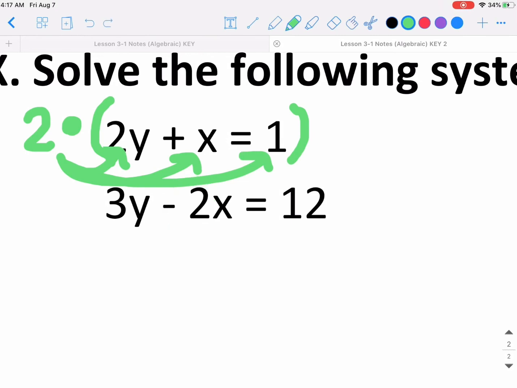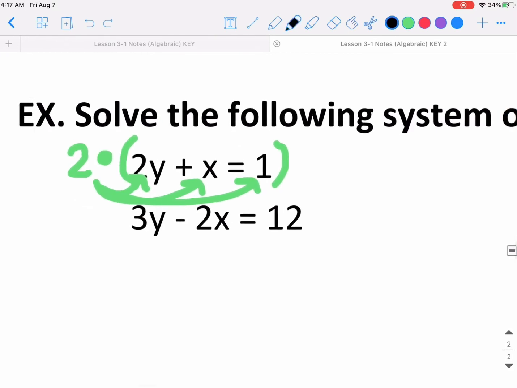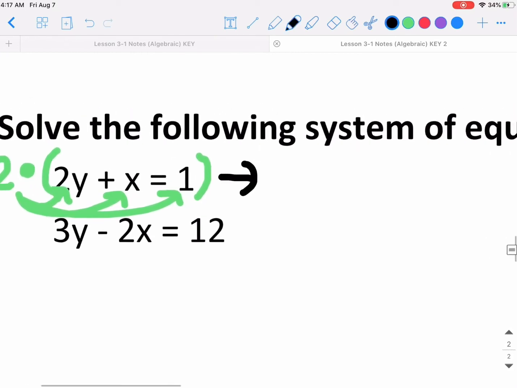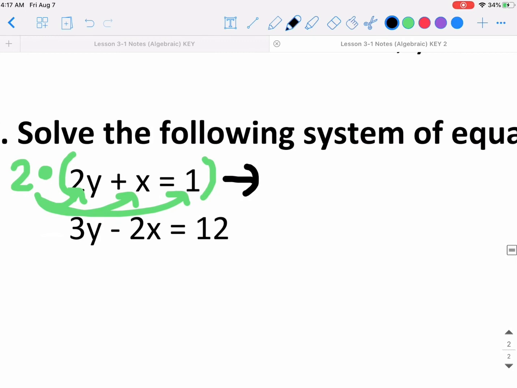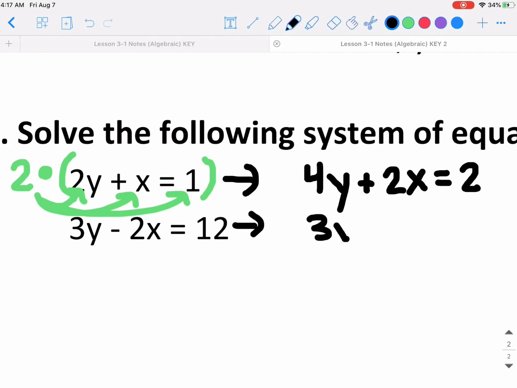So let's rewrite this new equation that we'll get. The new equation is 4y plus 2x is equal to 2. The bottom equation we're just going to transfer over. We have 3y minus 2x is equal to 12.